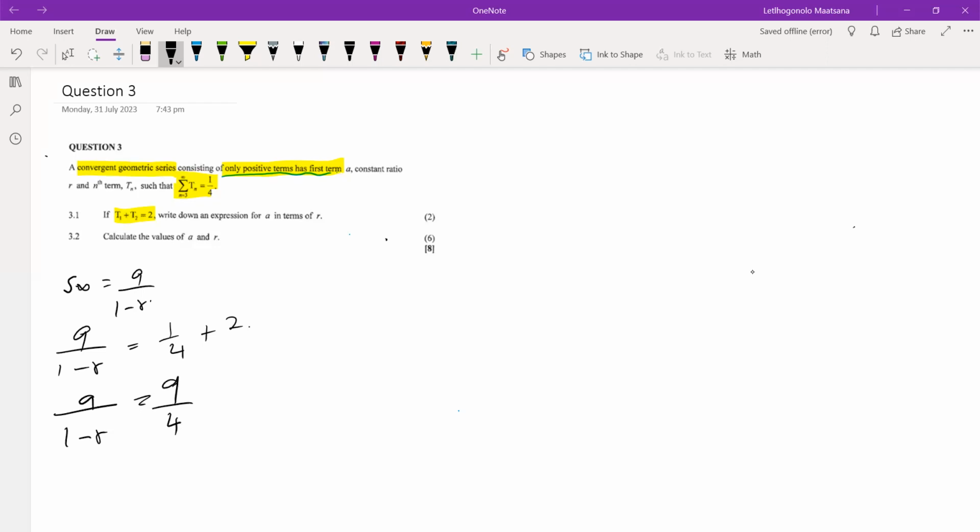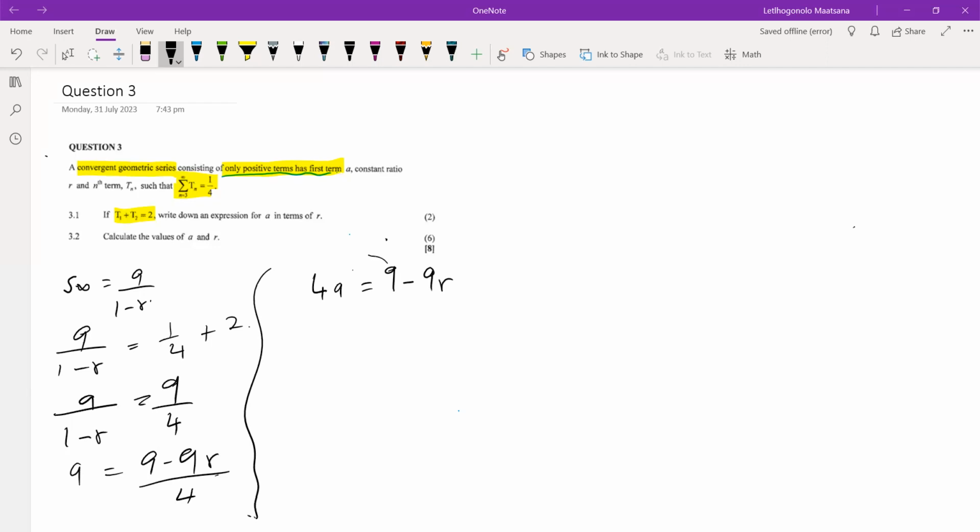okay, so we're going to do a little bit different now. We're going to rewrite this equation with regards to R. Let's multiply by (1 − R) on both sides. We get that A is equal to (9 − 9R) over 4. Multiply both sides by 4. We get that 4A is equal to 9 minus 9R.